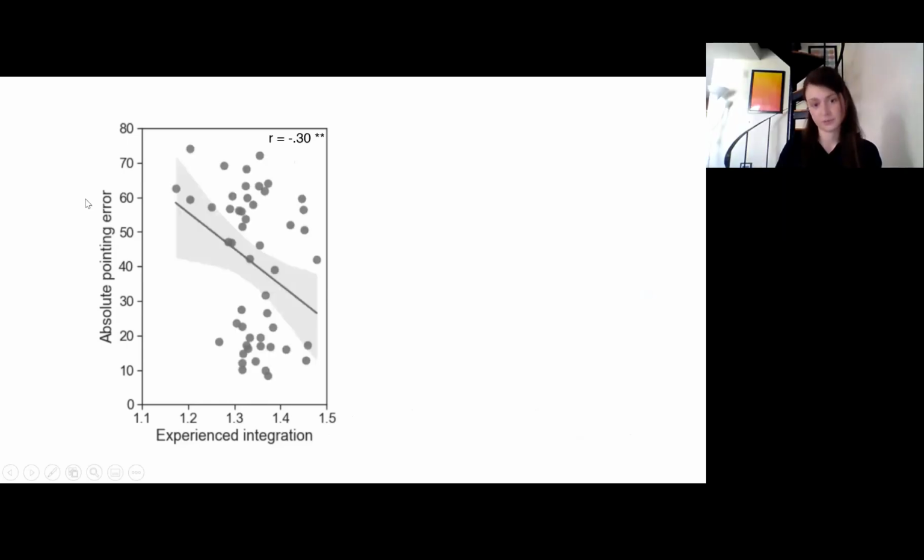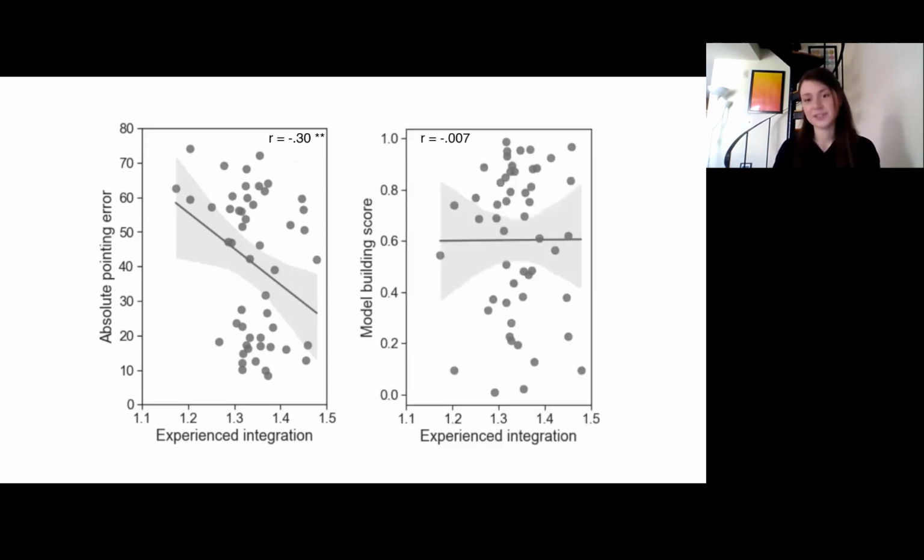We again find a significant relationship. Obviously with fewer participants, it's going to look a bit messier. But in general, those who spent more time in highly integrated areas of the environment tended to do better on this pointing task. Interestingly, in this experiment, we didn't see a relationship with the map building score, as opposed to the previous experiment where the Gardony map building scores were also significantly related, and we're not completely sure why.